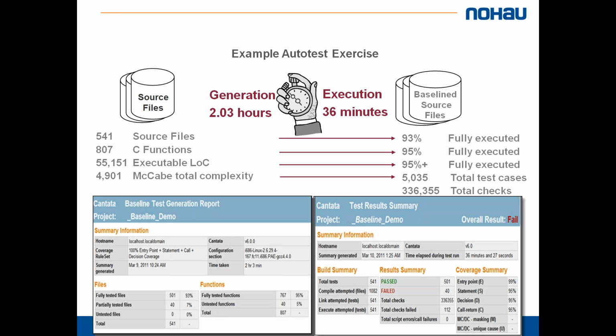So in this particular case here, we had 800 C functions and a total of 4,900 McCabe complexity, which means about the same number of branches in the code. And for this, Cantata autotest generated 5,000 test cases.